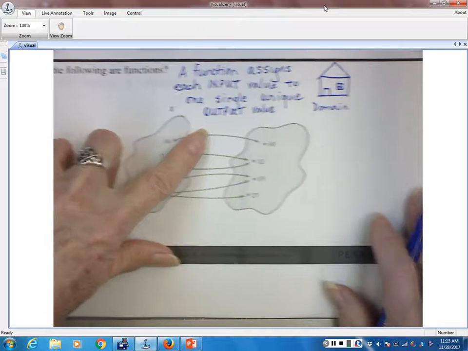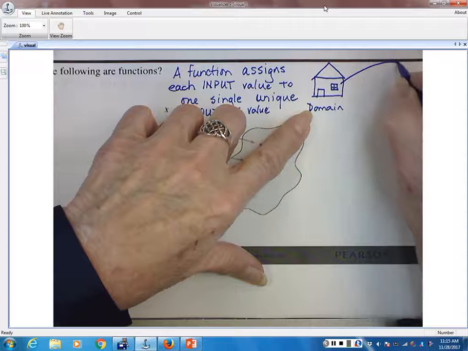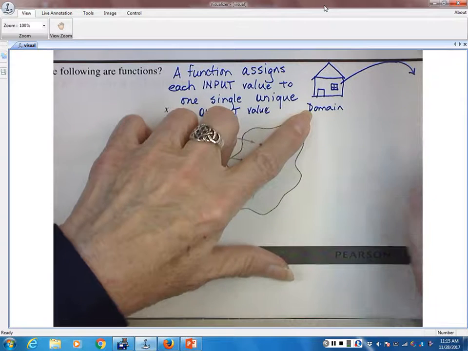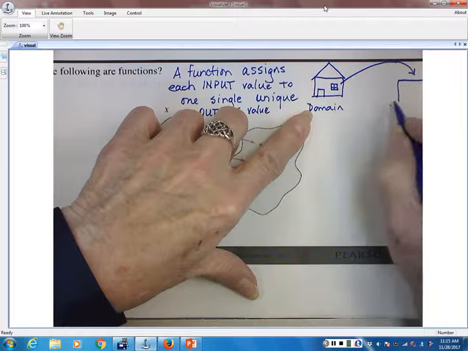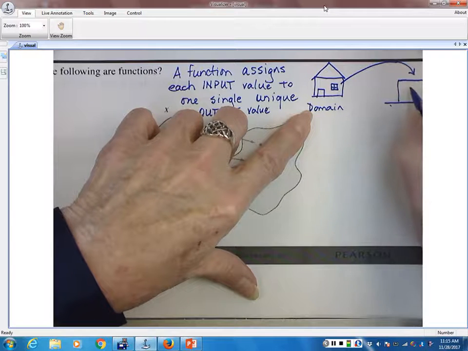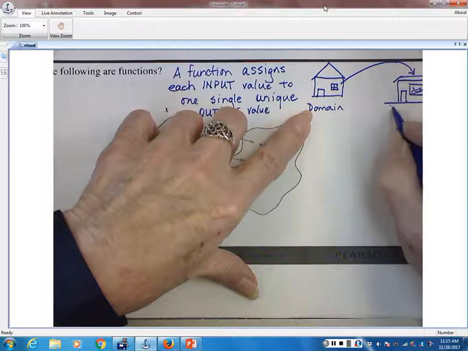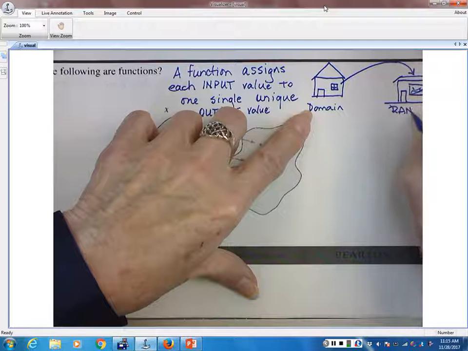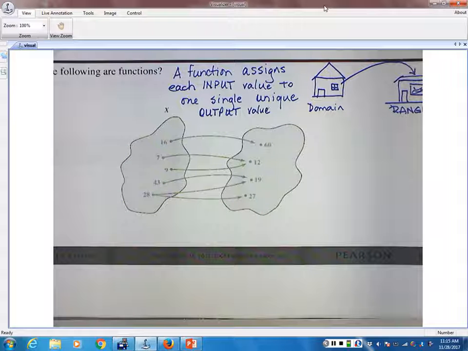And then what happens when you leave your house is you go somewhere. You go to a different house. Or maybe you go to your retail store to work. So when you leave your house, you go out on the range. Okay?